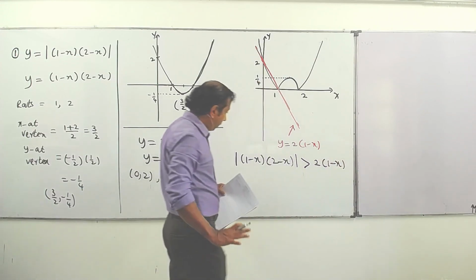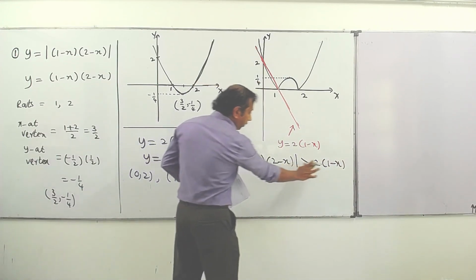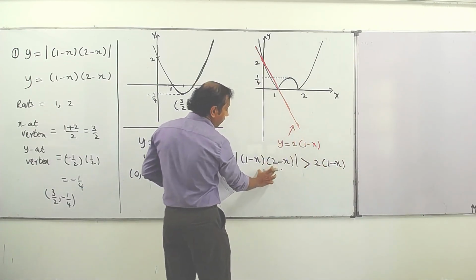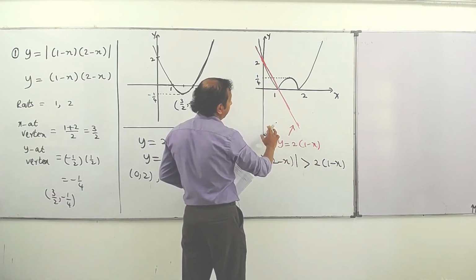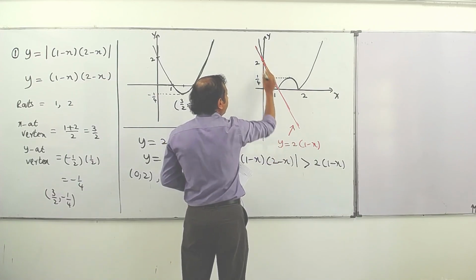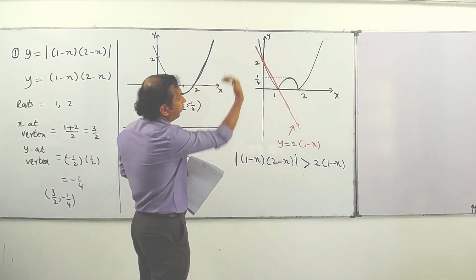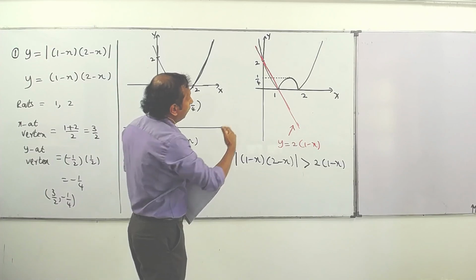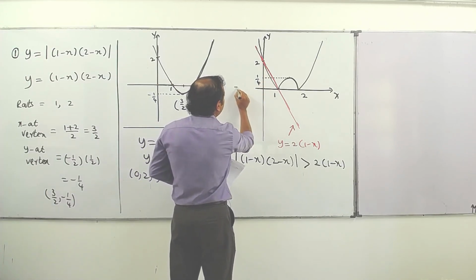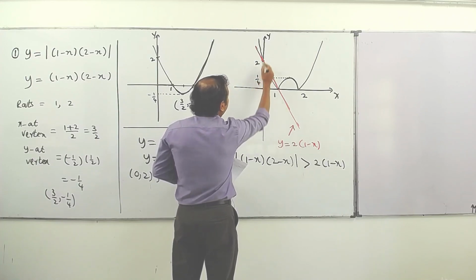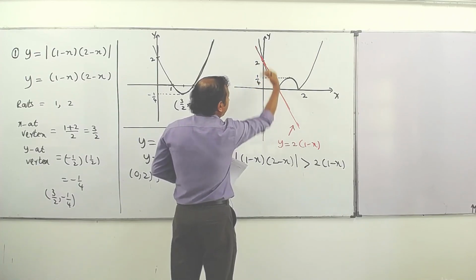Okay. That means the black graph should be above the red one. You can see, in between 0 and 1 only, red is above the black. Between this point and this point, only the black is below.